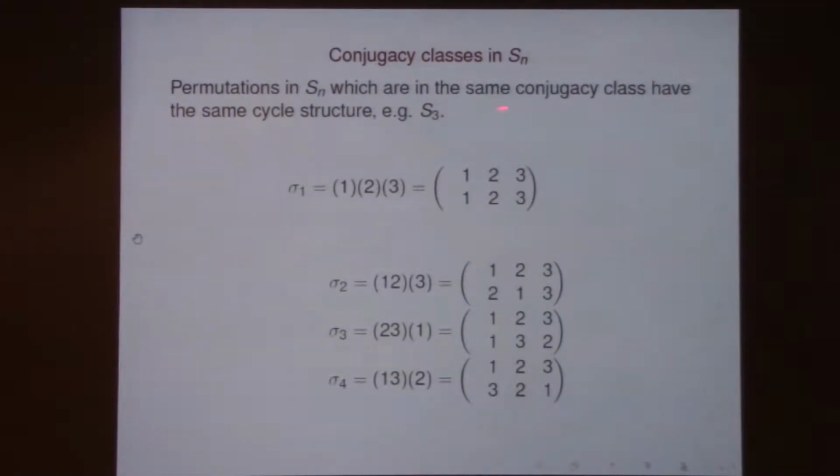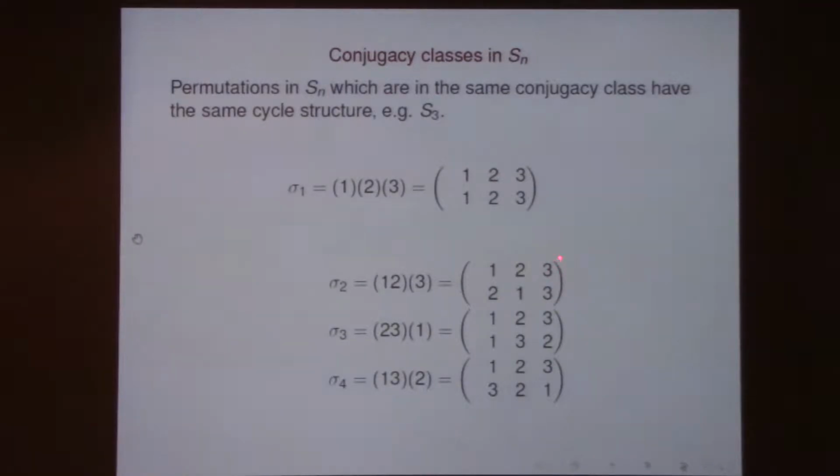So what do the conjugacy classes in Sn look like? Two permutations in Sn have the same conjugacy class if they have the same cycle structure. So if you take the identity permutation, where 1 goes to 1, 2 goes to 2, in cycle structure, 1 is isolated in a cycle, and that's the cycle structure.